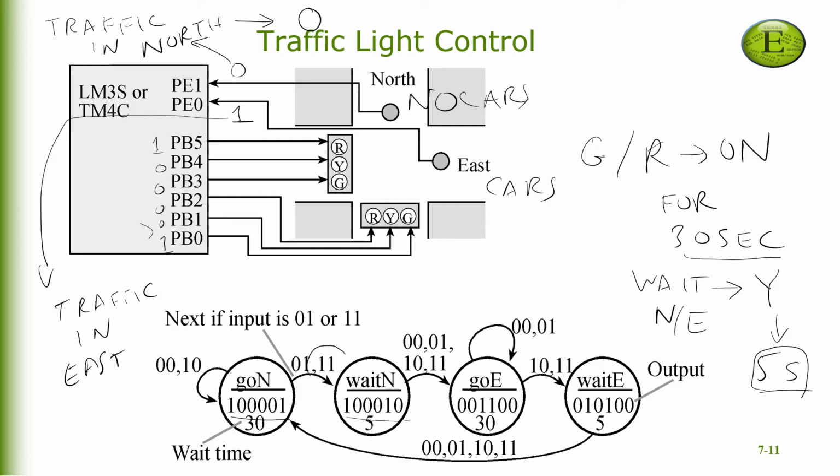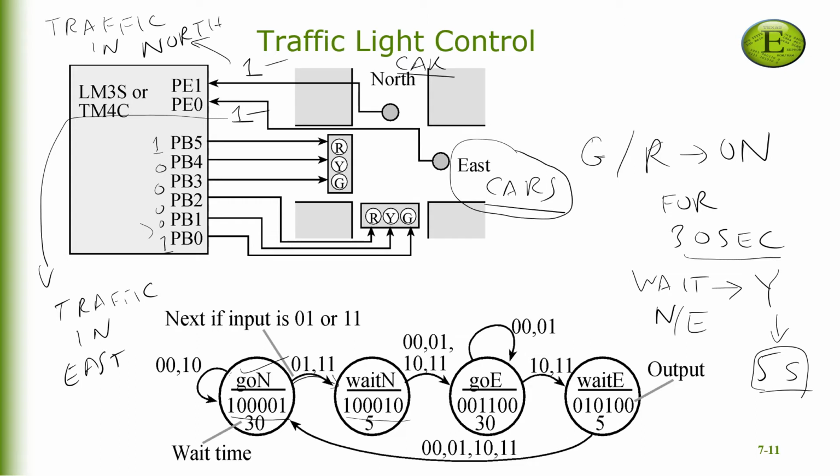And if the input is 1 1, we have traffic that has not finished. That is, we have cars on the north and we have cars on the east. So traffic in both directions, but because we have already allowed access to the north traffic, and we cannot keep the cars on the east waiting, we have to perform the transition nevertheless.